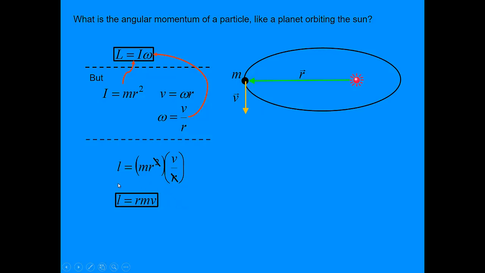But notice m v is the linear momentum of the planet. So this is really just r times the linear momentum. It's the linear momentum times an extra r, kind of like torque is the force times an extra r. Very similar in many ways, torque and angular momentum, especially in the vector algebra we're about to get to.